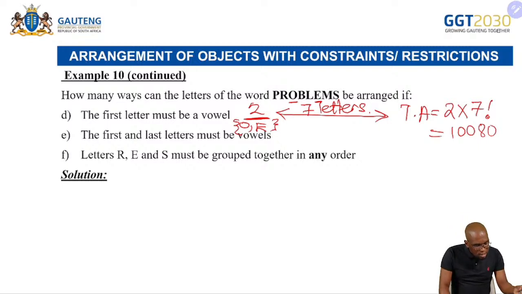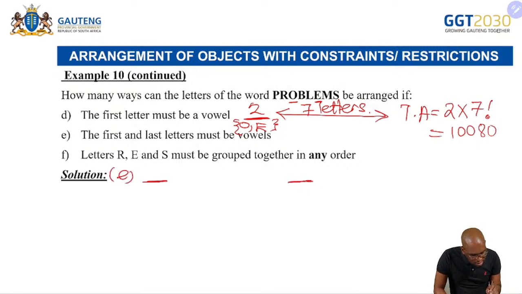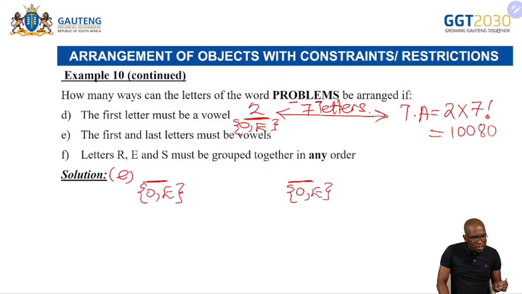10080. Now, the first and last letters must be vowels. If we zoom into this one, obviously we have 2 options, O and E, that define our vowels. If the first letter is a vowel, how many options do we have?